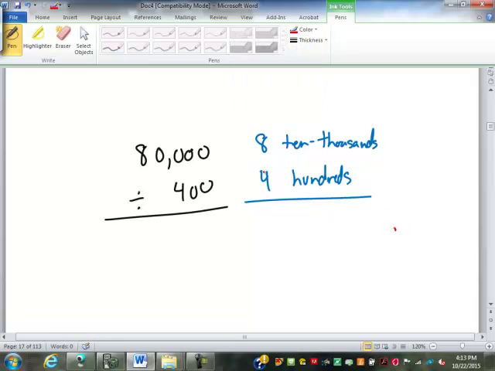So 8 divided by 4 is 2. 10,000s divided by hundreds is hundreds. And the shortcut for doing that, if you recall, was 8 divided by 4 is 2. Then what do we do with the zeros? We subtract them and cancel them out. There's 2 zeros left. 200.